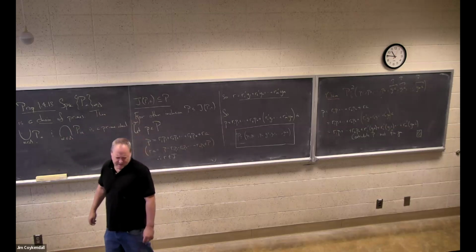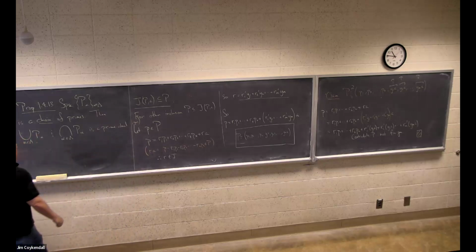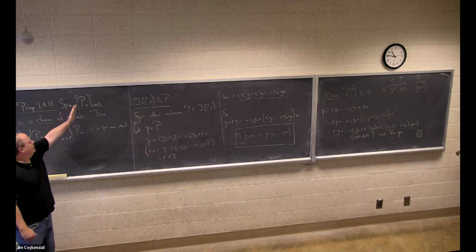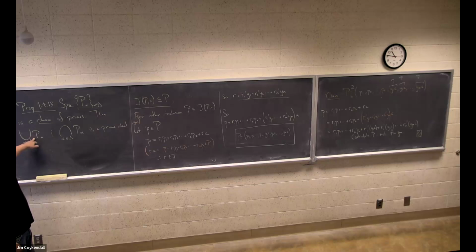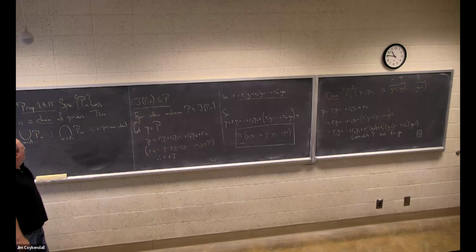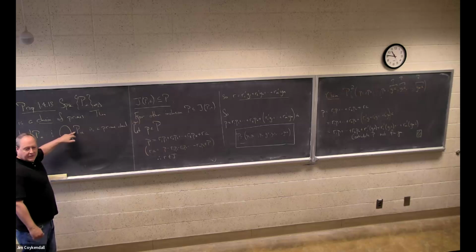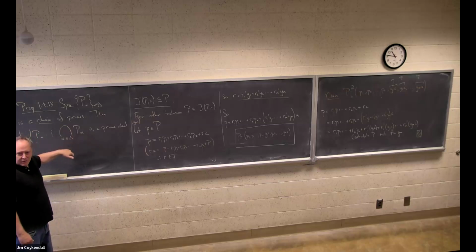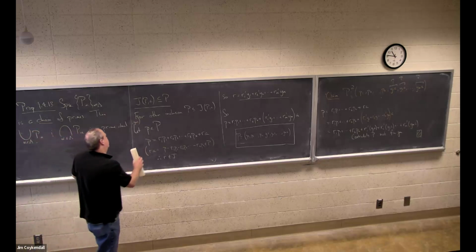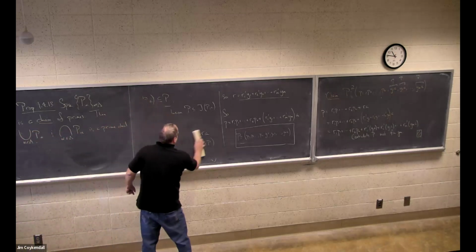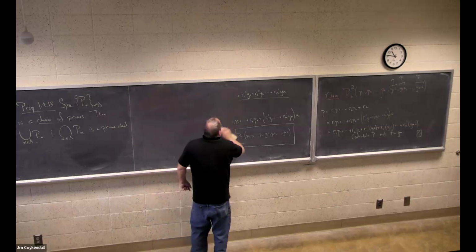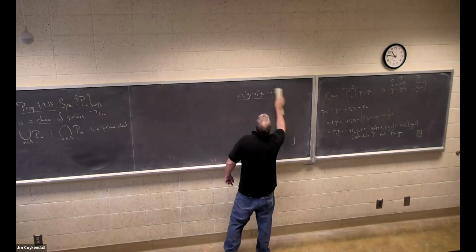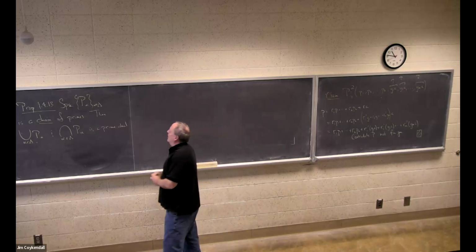So both of these constructions give you a prime ideal. The chain part you need for the union to even be an ideal. But once it's an ideal, it's easy to show this is prime. You don't need a chain for the intersection to be an ideal, but you do need a chain for it to be prime. In fact, if it's not a chain, it's usually not. I won't say never.